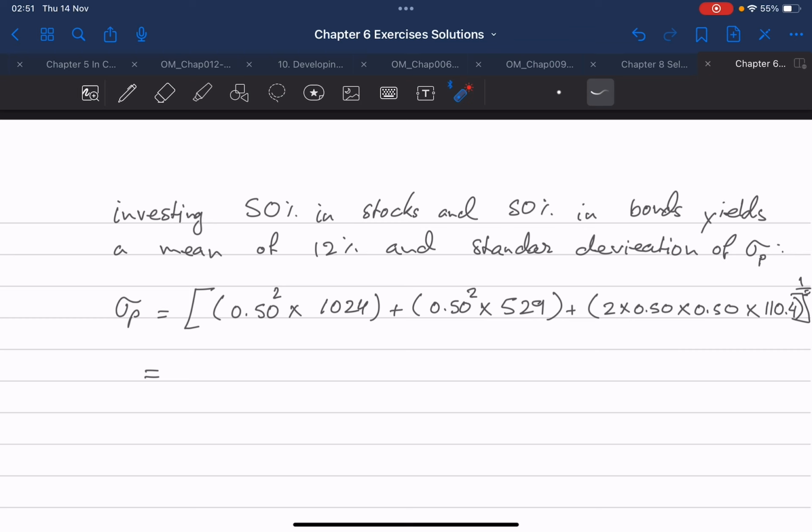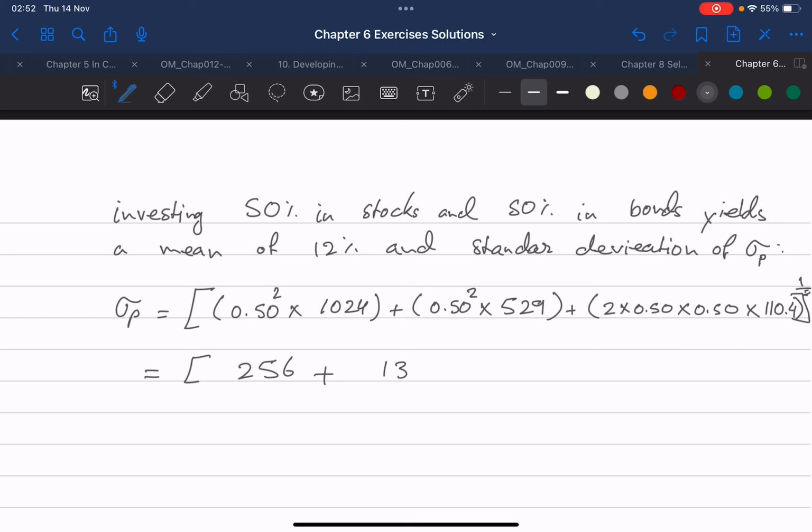so let's see, 0.5 to the power of 2. That gives us, actually, let me just multiply right away. So 0.5 to the power of 2 multiplied by 1024. That would be 256 plus 0.5 to the power of 2 multiplied by 529.